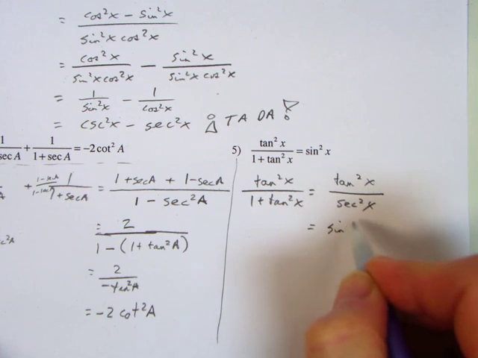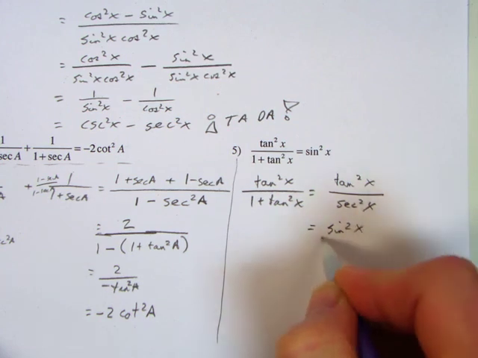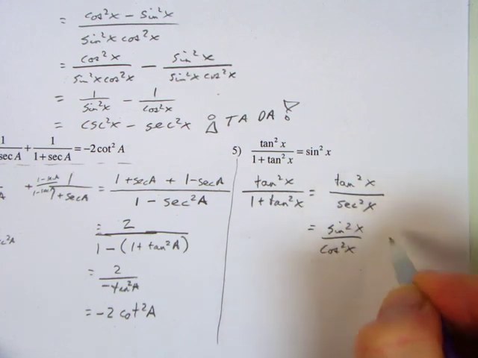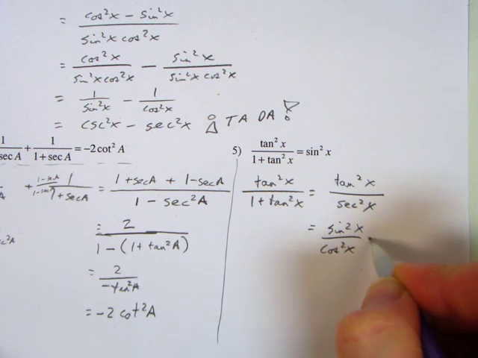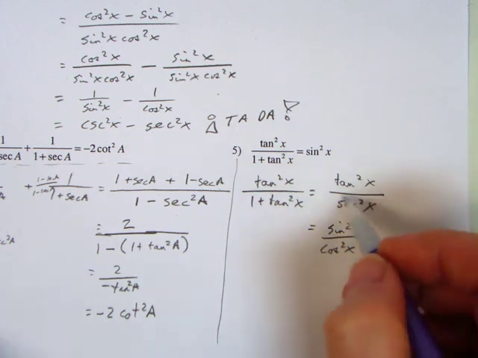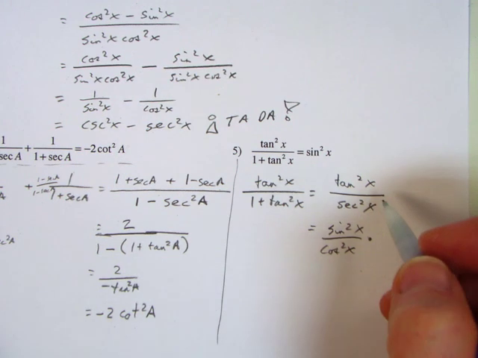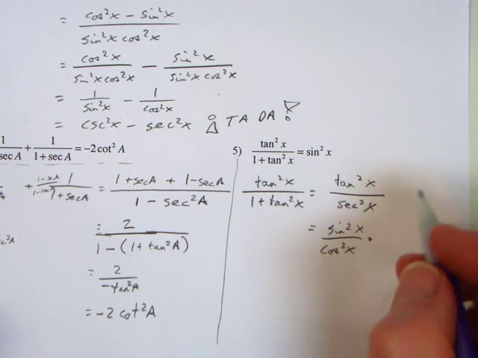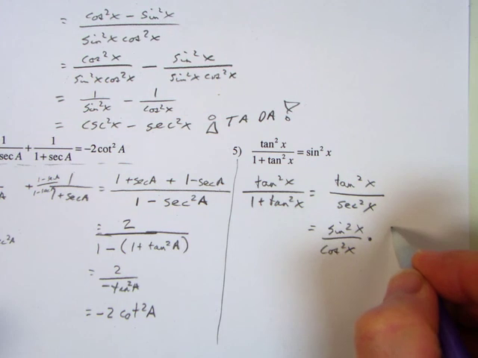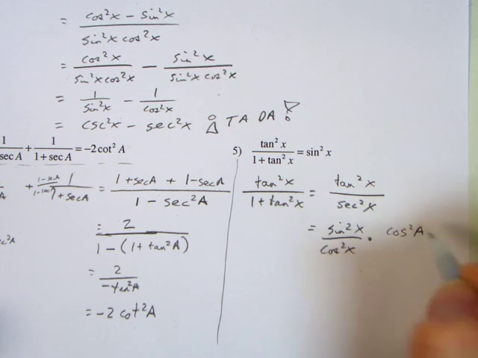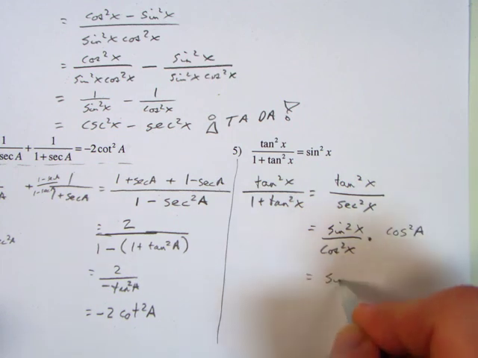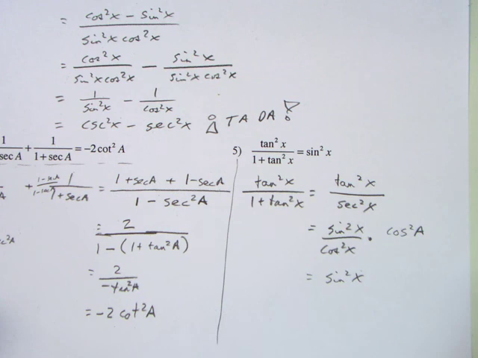And tangent squared would be sine squared over cosine squared. Okay, times what? Times the reciprocal of secant squared. Well, what is the reciprocal of secant squared? The reciprocal of secant squared would be cosine squared. And that gives us sine squared, and we're done.